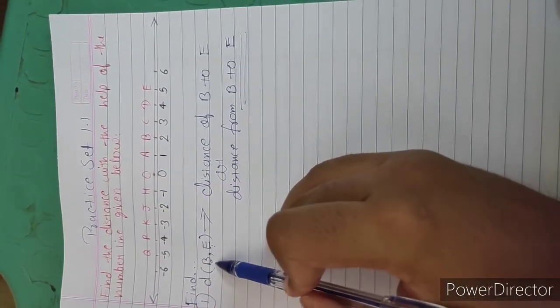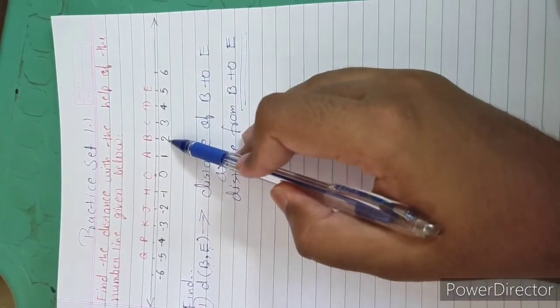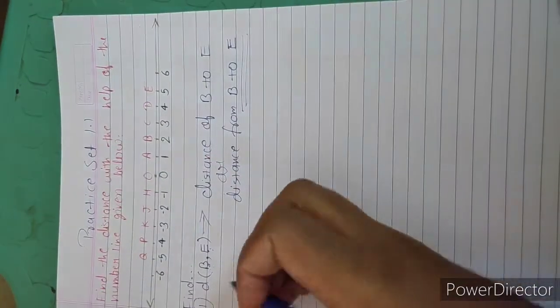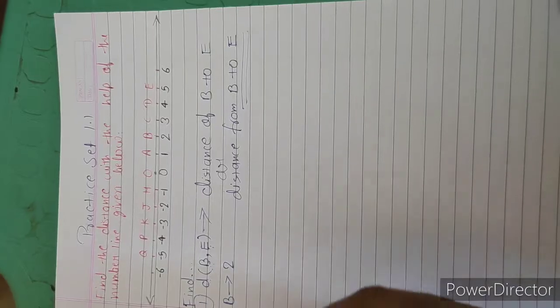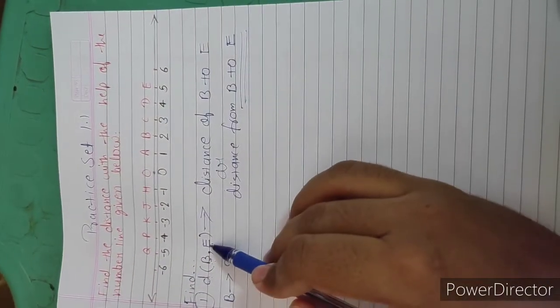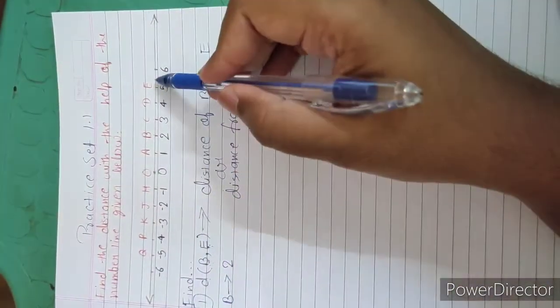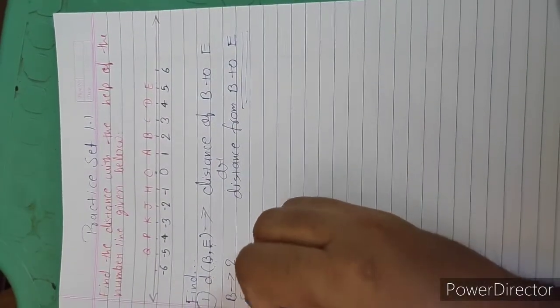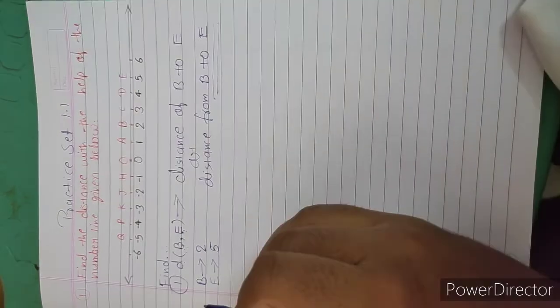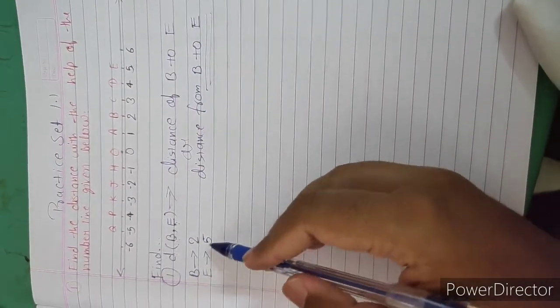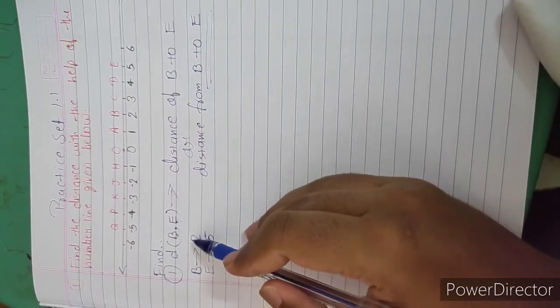First of all, B is represented by 2. So we will write here B indicates 2, and what indicates E here? E indicates 5. So we will write E indicates 5. Tell me which number is greater, 5 or 2?